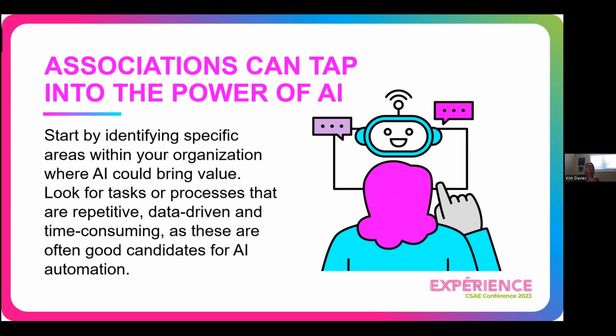So by choosing an area to experiment with the power of artificial intelligence, your association can significantly improve your member engagement and your operational efficiency. By tapping into the power of AI effectively, your association can carefully assess not only your specific needs and objectives and invest in the right tools and techniques, but also provide training and support to your staff members so that you can ensure a smooth transition for any AI-driven processes.